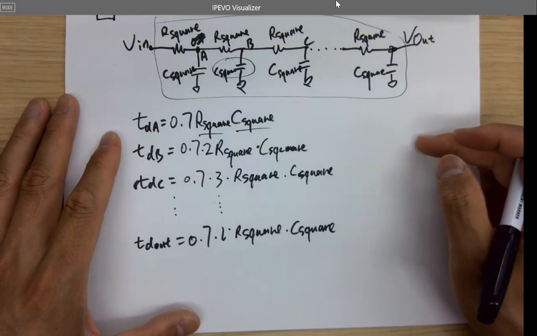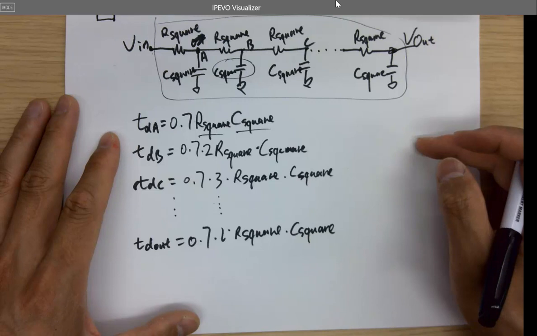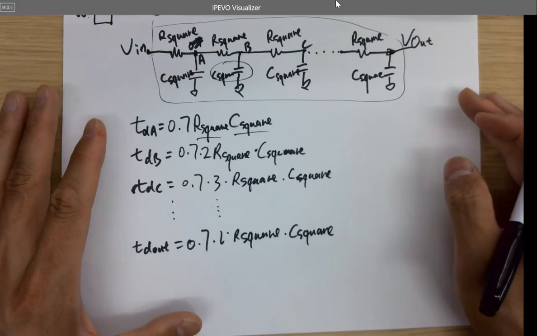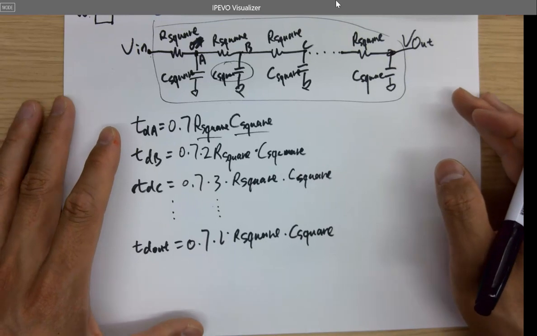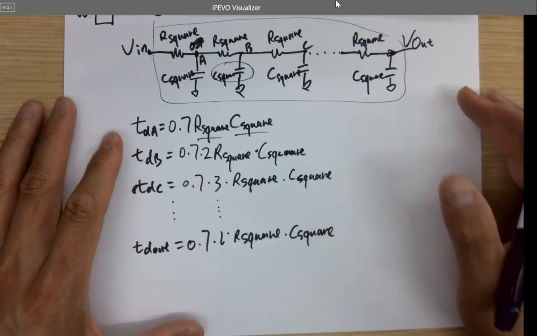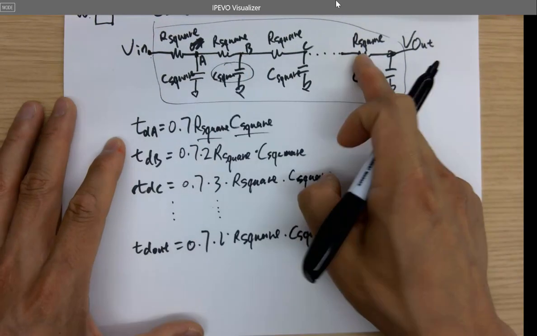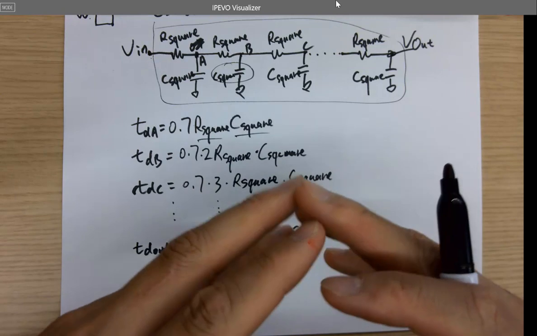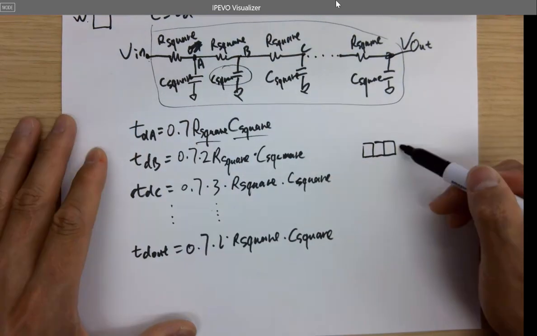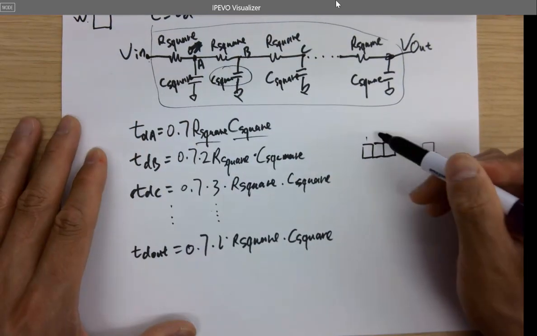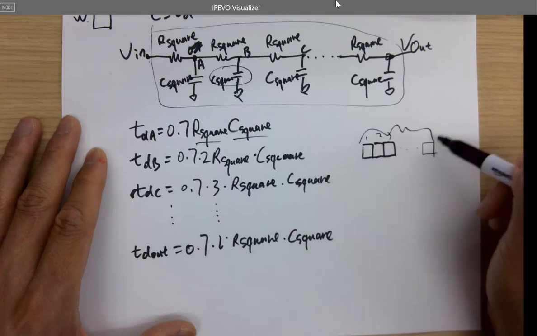Why do we use the length here? That's how many squares you have. It's a number, it doesn't have a unit, it's just how many of them. You got 1, 2, 3, 4, you put all the little squares together to form a resistor, right? That's how many of them you have in here. 1, 2, 3, and eventually you got an L here.